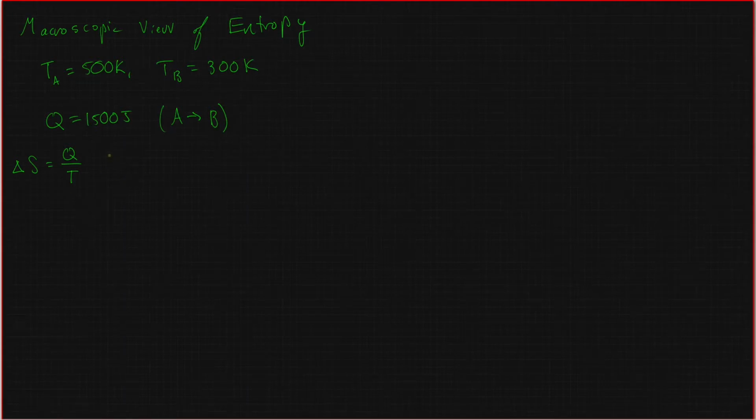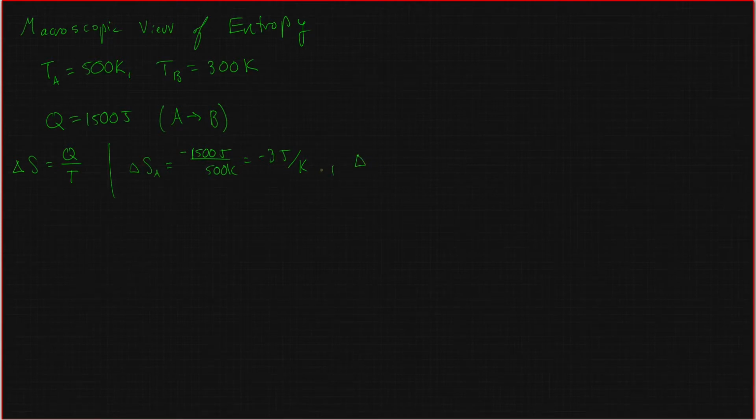So for the case of system A, we have minus 1500 joules all over its temperature, which doesn't change. So it loses entropy to the tune of minus 3 joules per Kelvin.